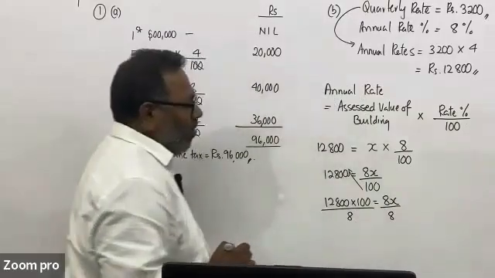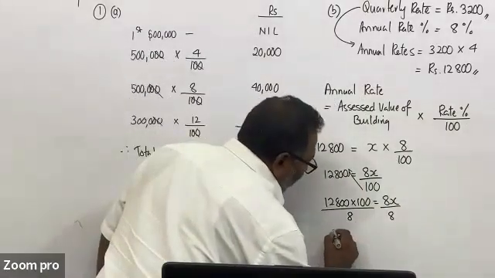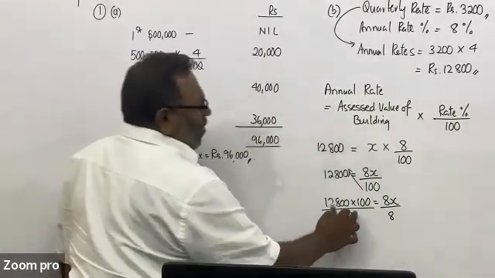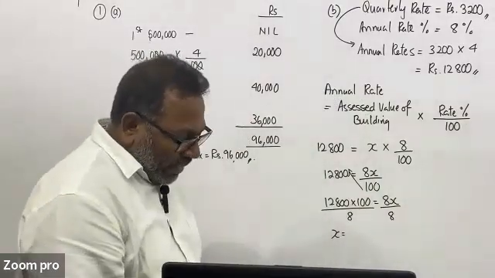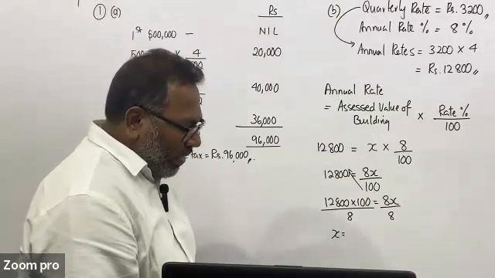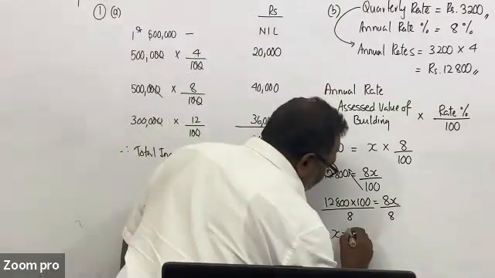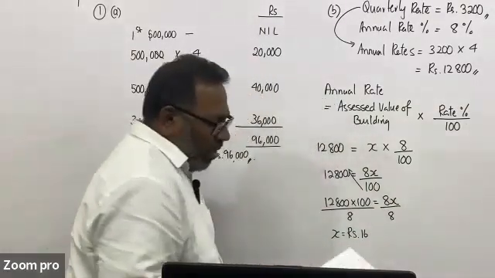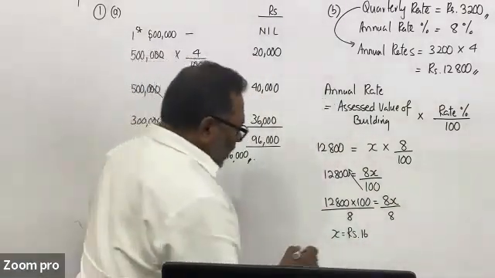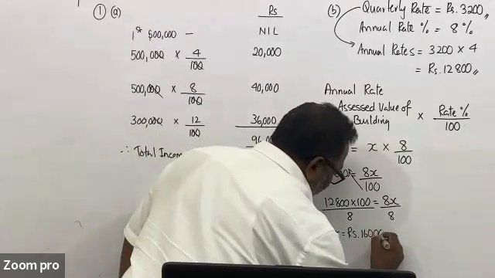So x therefore is how much? 12,800 into 100 divided by 8. You will get 160,000.